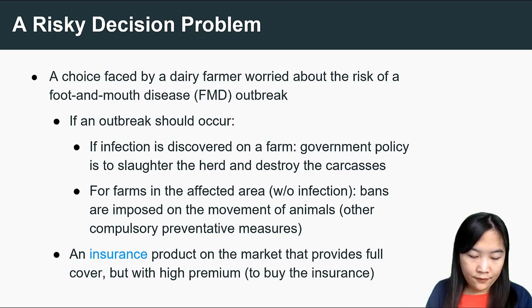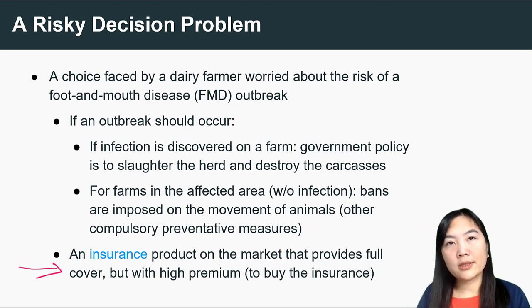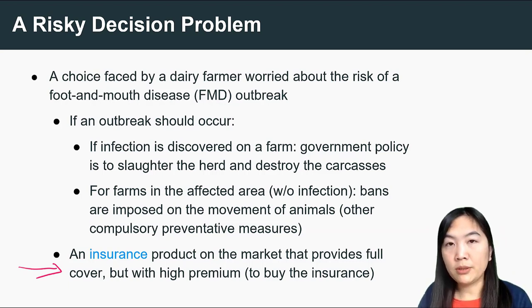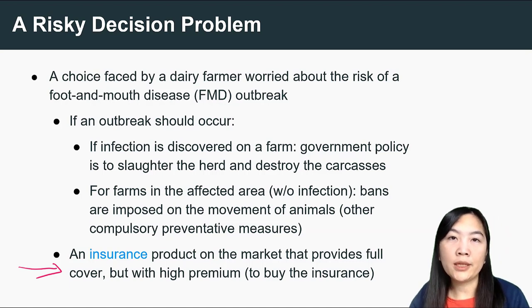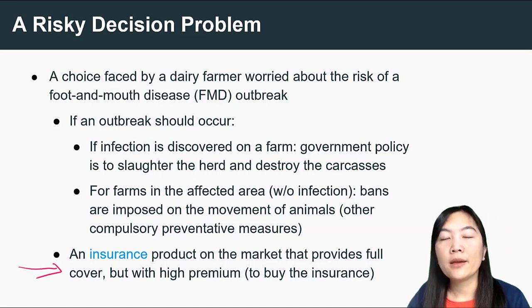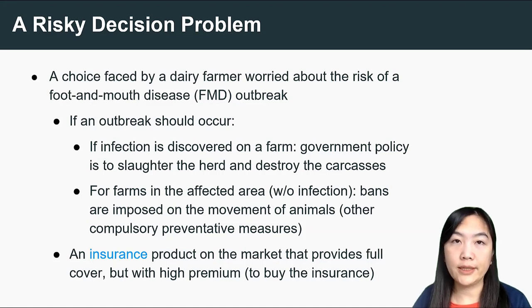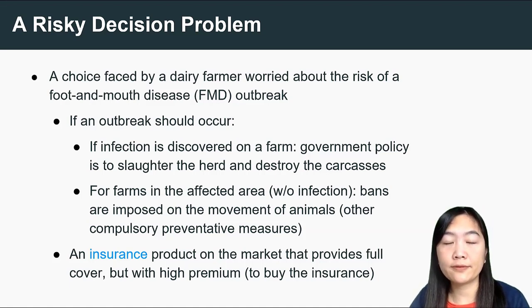So if they buy insurance, then they will get some certain payments. And if they didn't buy the insurance, then it will depend. If there's no outbreak, then they get some payment. And if there's an outbreak, there are also different scenarios depending on whether the infection is found on that particular dairy farm. Then the losses are also different.